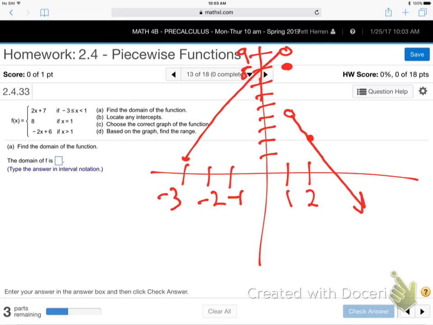A little cleaner now. Now, what are the intercepts? Looking at the graph, what are the intercepts? Well, one of them looks like right there. I think that's it, up 8. But how could I be sure? Remember how you find intercepts?